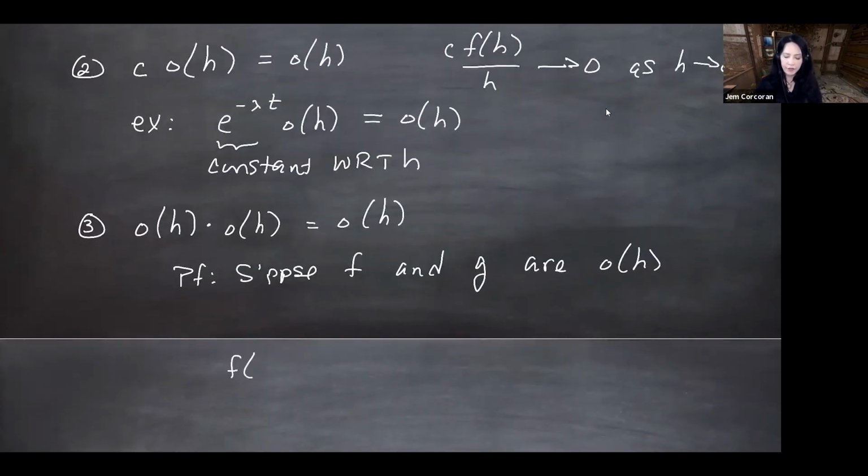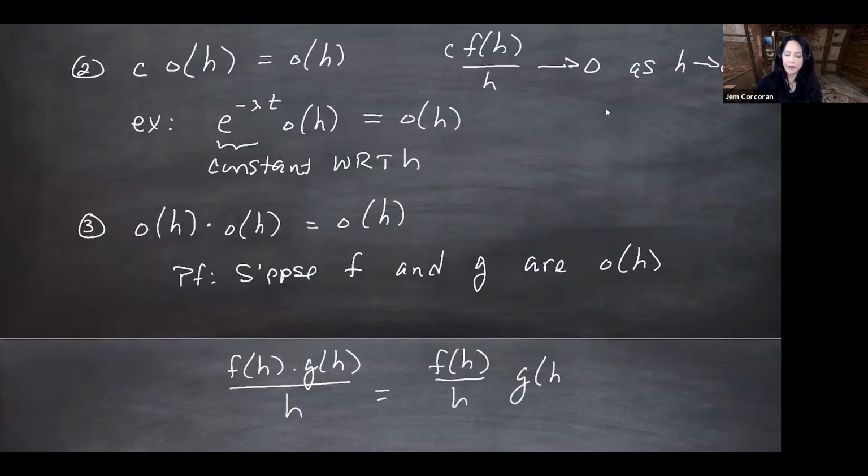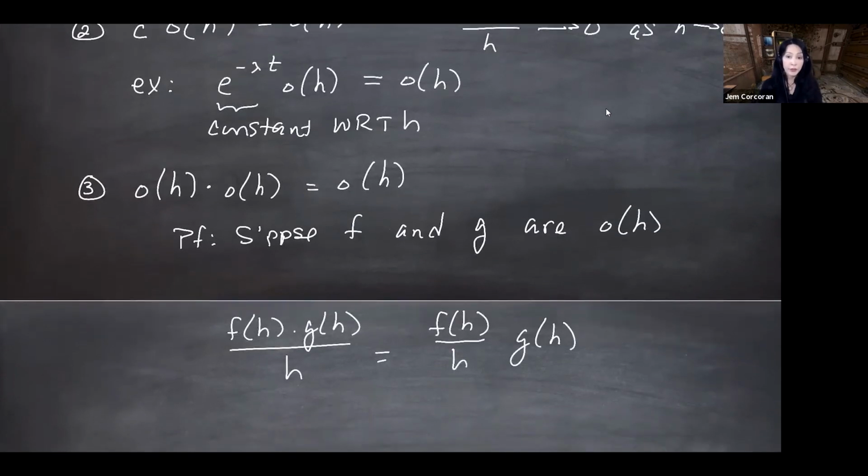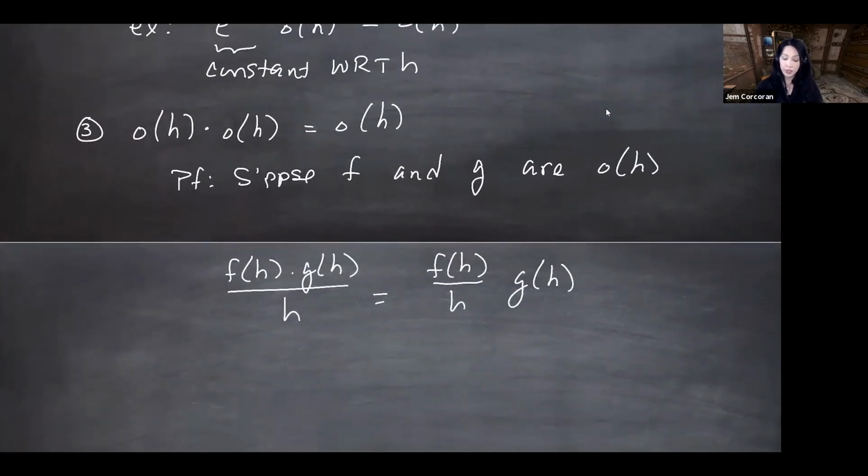Then f of h times g of h over h, we can break this up into a couple of ways, f of h over h, and then g of h. So my first term there goes to 0 because f is little o of h. This goes to 0 as h goes to 0.